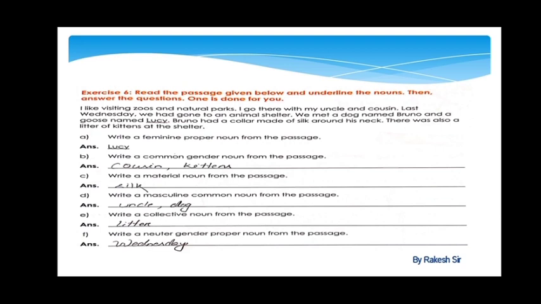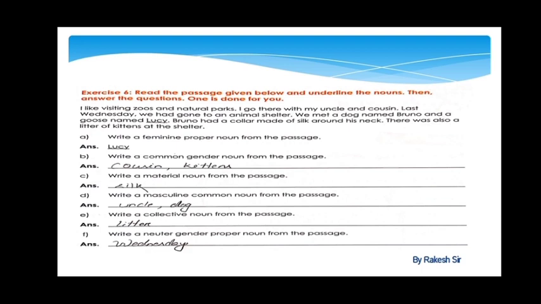Write a collective noun from the passage. Collective noun, as I said, means a group of people or things. Here you can see there was a litter of kittens at the shelter. So litter is your collective noun.